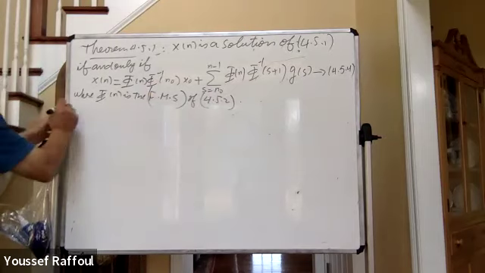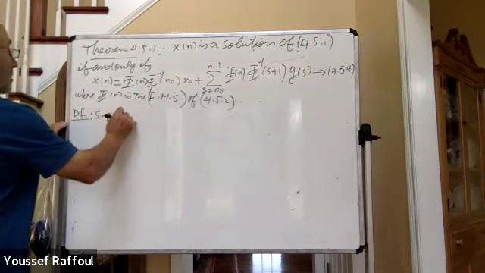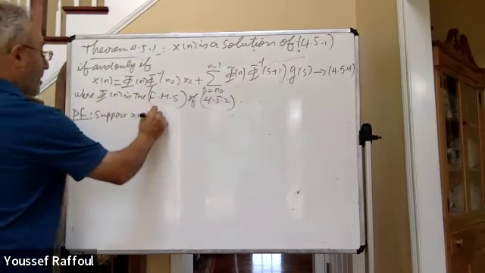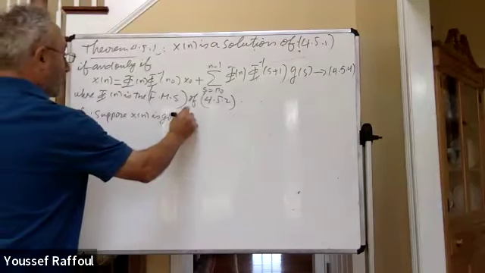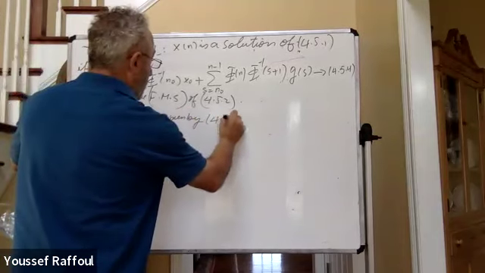So the proof. Suppose x n is given by 4.5.4.